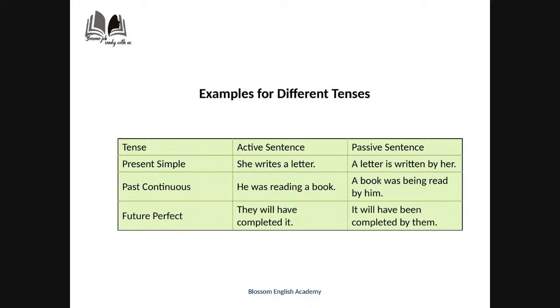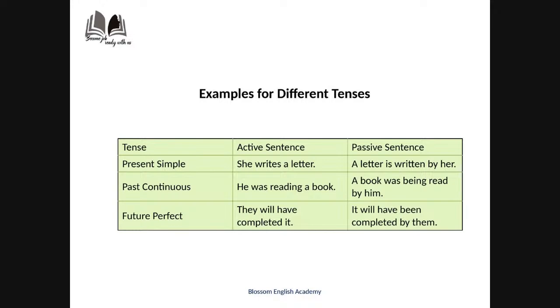She, right? So when it comes to turning she into passive voice, it would become by her. If it is he, then it would become by him. If it is they write a letter, then it would become a letter is written by them. Okay, hope that makes sense.